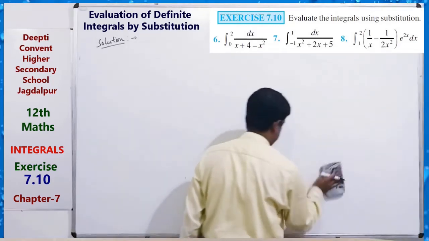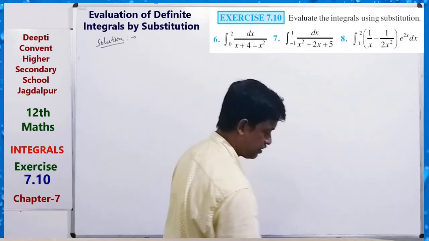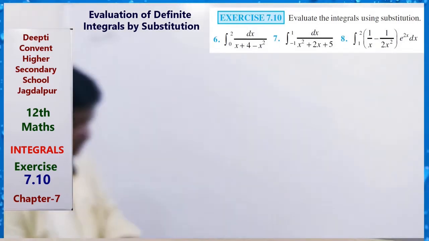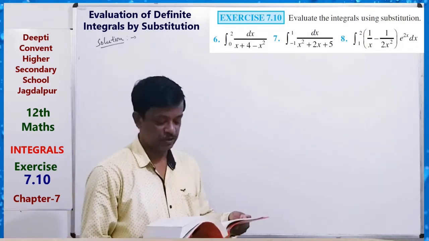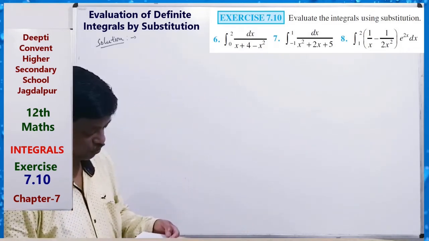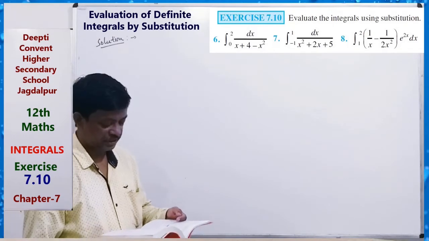Okay, now take question 8. Question 8 is: integral from 1 to 2 of e to the power 2x times (1 by x minus 1 upon 2x square) dx.